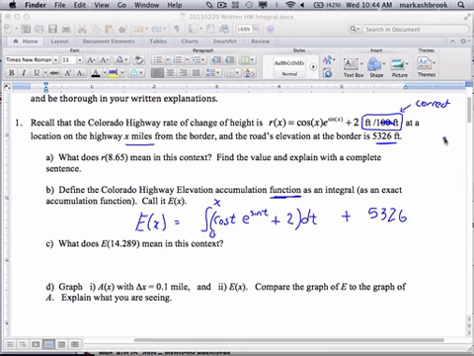So are we okay with this? Yeah. So here we've got this is our change in elevation from the border, and if we want the elevation function, then we're going to start at 5326 and add on our change in elevation x miles from the border. Okay, so if we plug 14.289 into this function, what will we get?